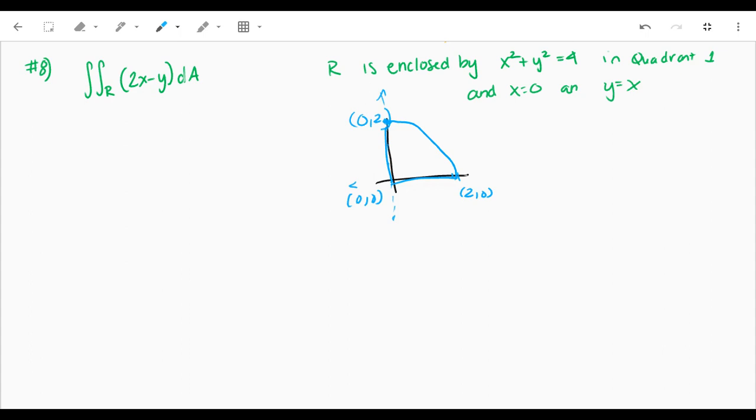I guess we needed that because it's also y equals x, so we needed to know which direction to go on that. Okay, so this is our region. That's not a region that we want to deal with in rectangular coordinates. This is a region that we definitely want to switch to polar. So think about that. X squared plus y squared equals 4. That's the same as r squared equals 4, or r is just 2, right? And we always want r to be positive because we can get the negative ones with different angles.